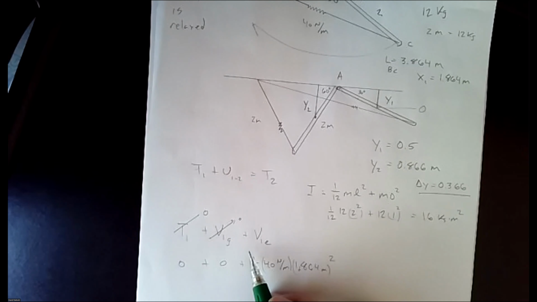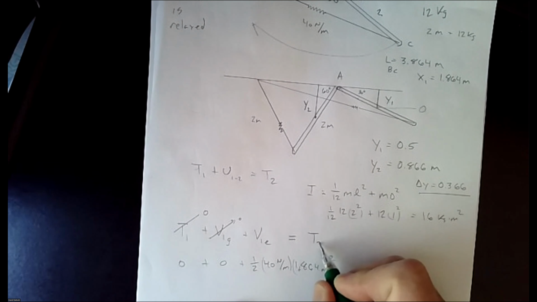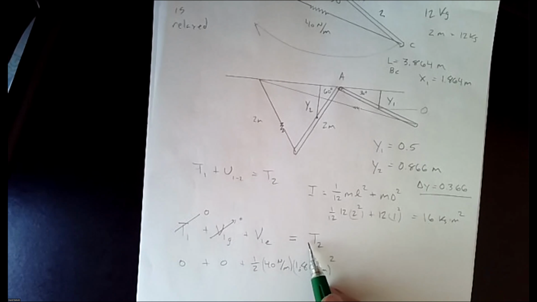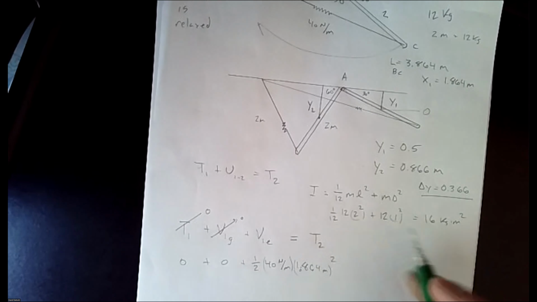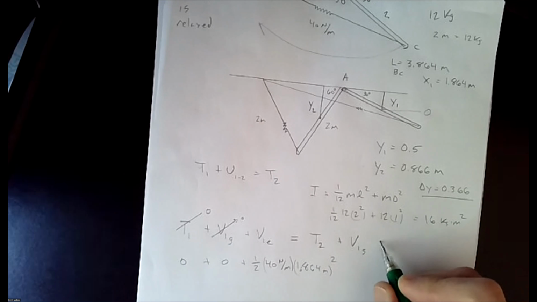And then I need to know the speed on the other side. So that's going to equal T2. T2 is going to definitely have velocity because we want to know how fast it's going when it's at the point where it's relaxed. And we also have V2 gravity. But at this point, we have no elastic energy, so V2 elastic is 0.